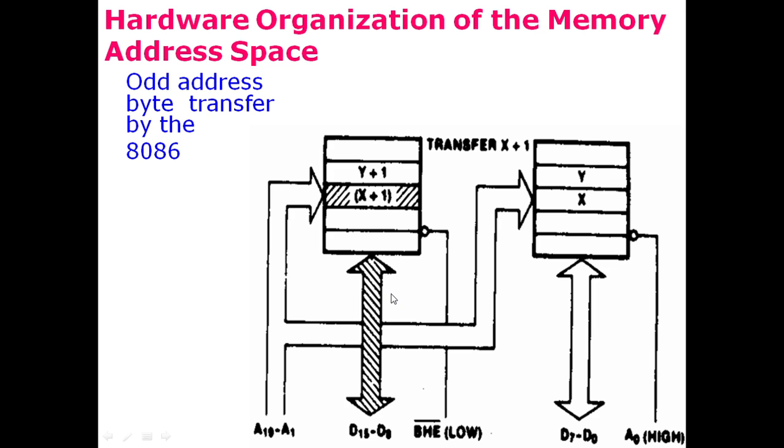So the byte transfer would happen only from this high bank or odd bank, and that byte transfer would happen on the higher bits of the data bus, that is D8 to D15. So the high byte of data would be transferred from this high bank through these 8 pins, which make the high byte of the data bus.